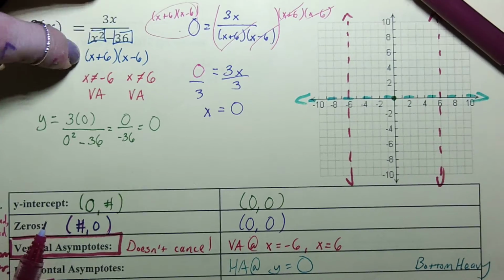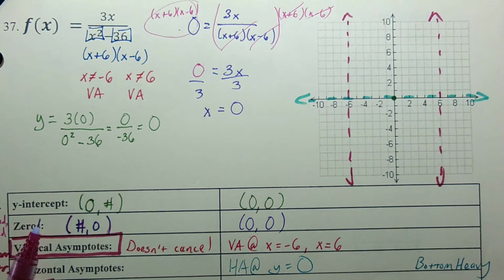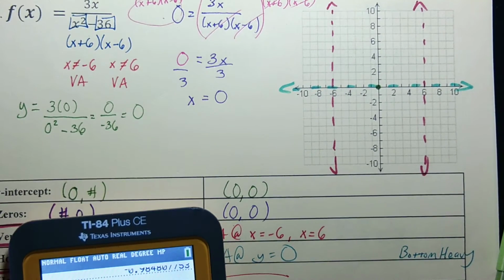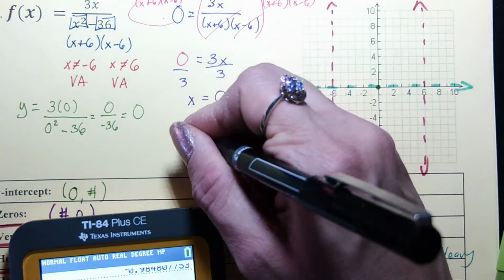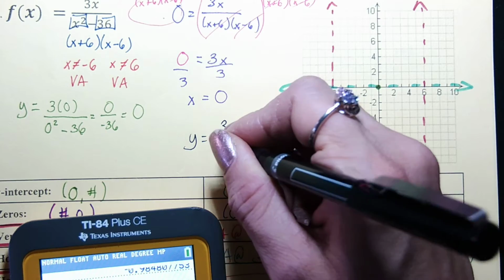This is exactly how it's going to be set up on the test. You have to fill in the blocks of information. You have to graph those pieces of information. And then our final step is to use our calculator. When we type this in on our calculator, what key thing do we need to remember to use? Parentheses.